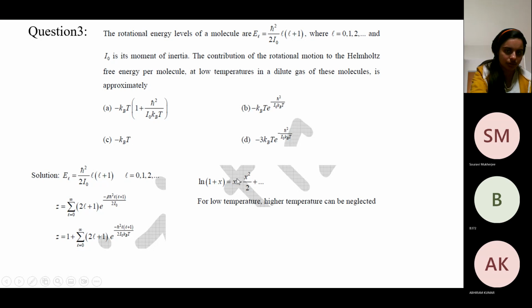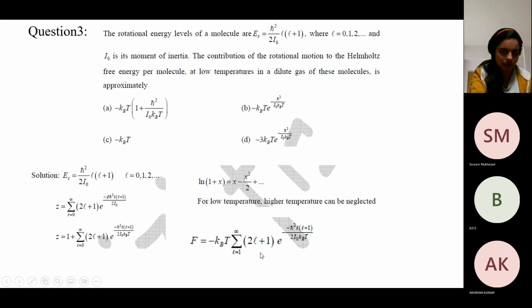And here we only use the first term, because we are limited to low temperatures. If the temperature is low, the higher terms do not remain, because we have these e to the power minus 1 by T terms here. So we just keep the first term, and we get an expression like this.